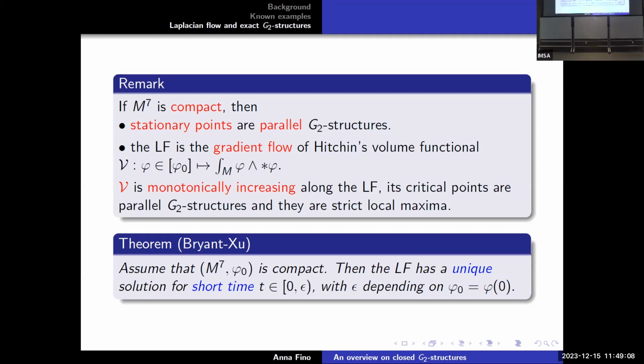And they are also strict local maxima. I want to point out that there was an open question by Robert.